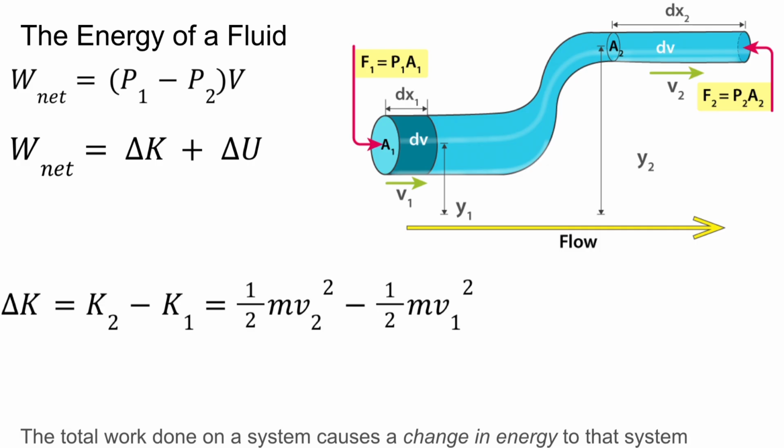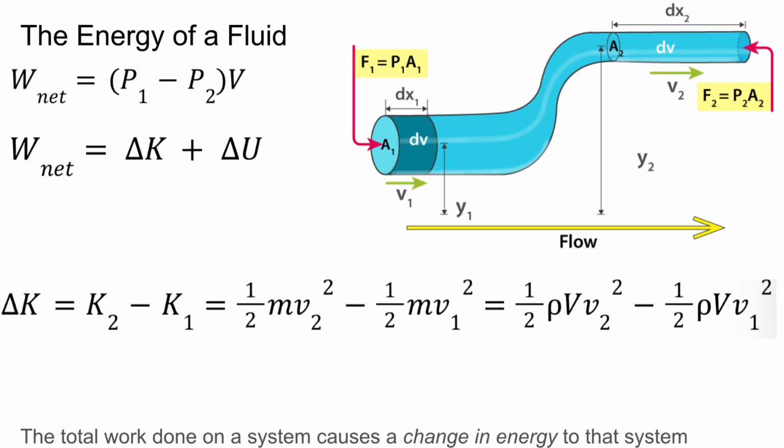which we can break down into our constituent variables there. 1/2 mass times velocity squared is our kinetic energy. So we take the final minus the initial, we still get our change in kinetic energy. And then finally, we've got our mass there, and we know that mass equals our density times our volume. So we can substitute density times volume in for our masses on both sides of that equation.